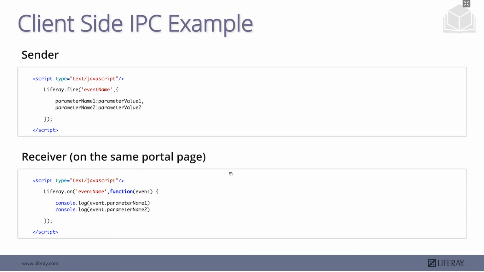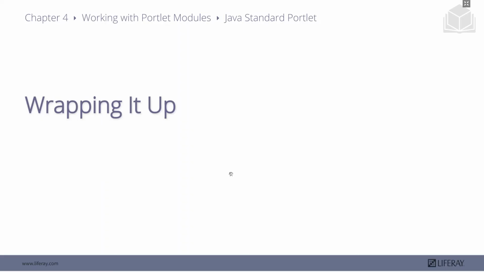Again, these two examples here are non-standard. So if you are to use inter-portlet communication, the two big ways, the two supported ways, are public render parameters and events.